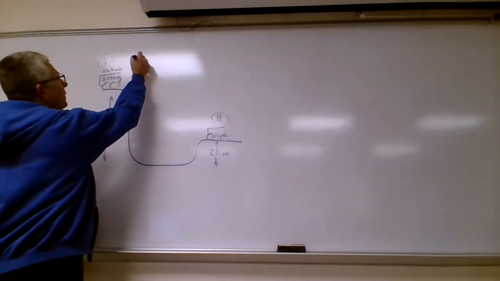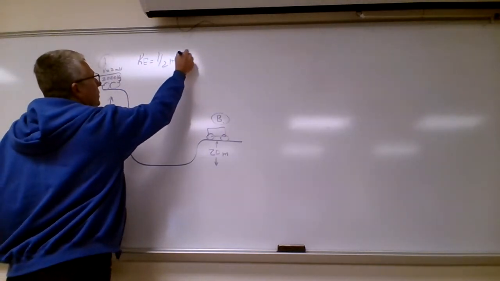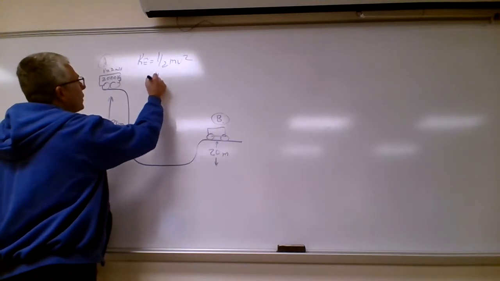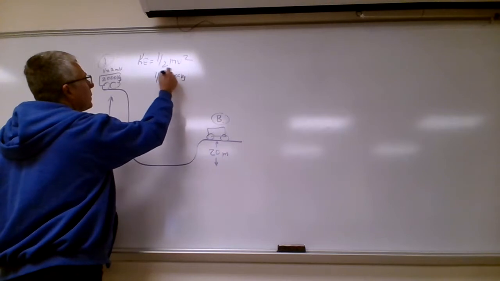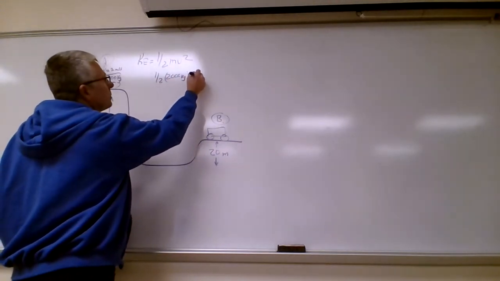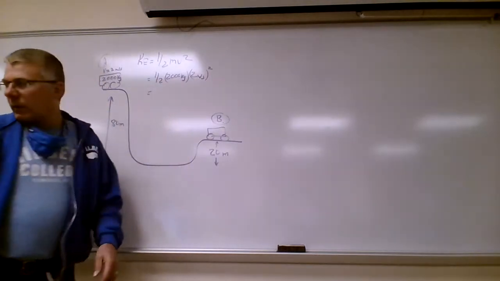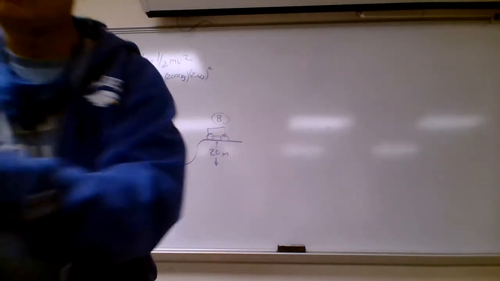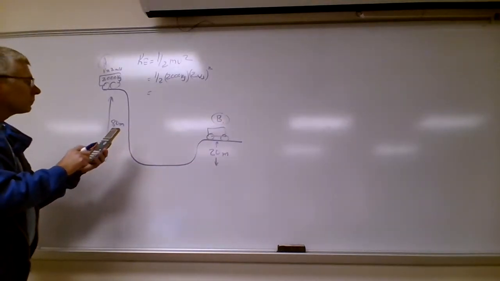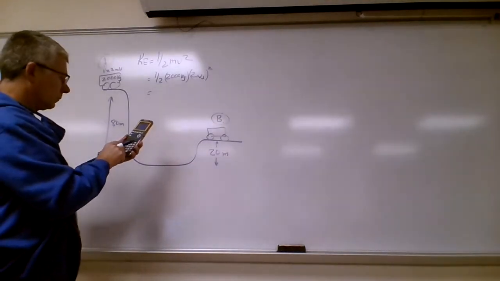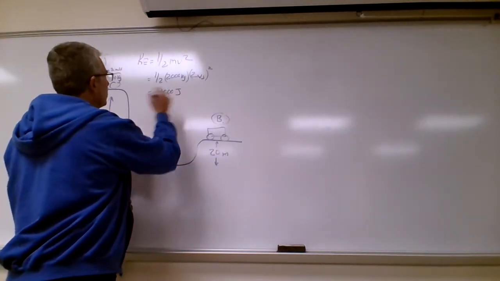So we have kinetic energy, KE equals 1/2 mv squared. So this is 1/2 times 2,000 times 2 meters per second squared. We get 4,000 joules.